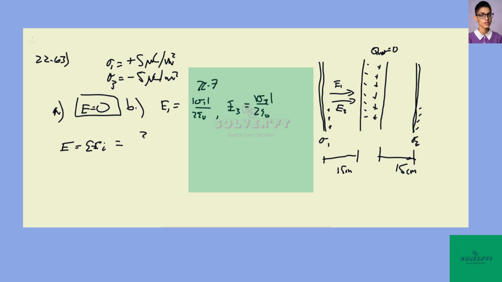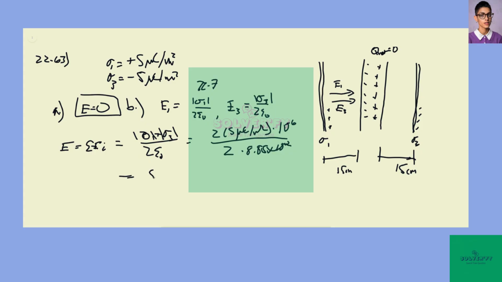So that's just sigma 1 plus sigma 3, absolute values, all over 2 epsilon naught. That comes out to 2 times 5 microcoulombs per meter squared times 10 to the negative 6 to convert it back to coulombs, all over 2 times 8.85 times 10 to the negative 12, which is epsilon naught.